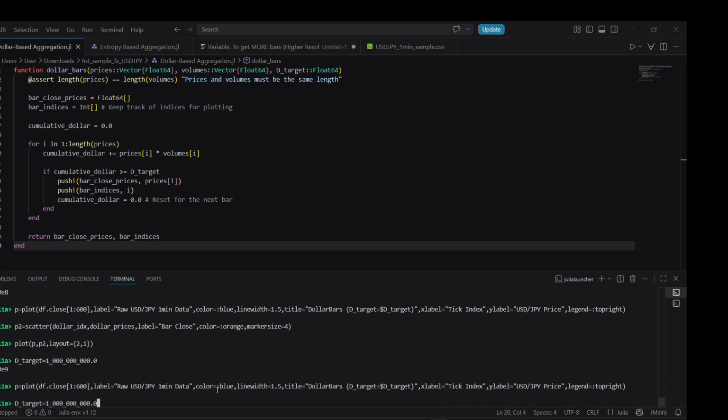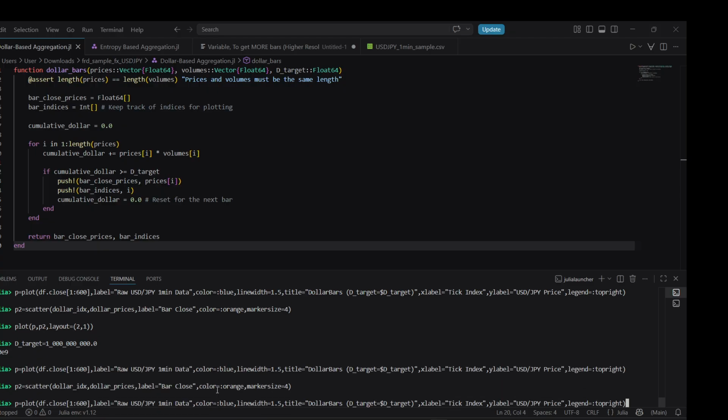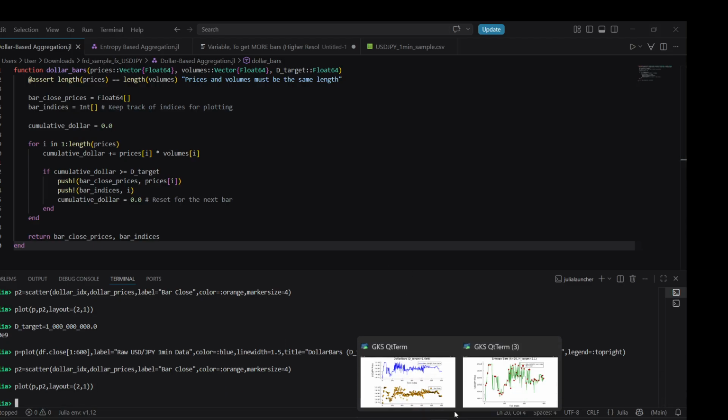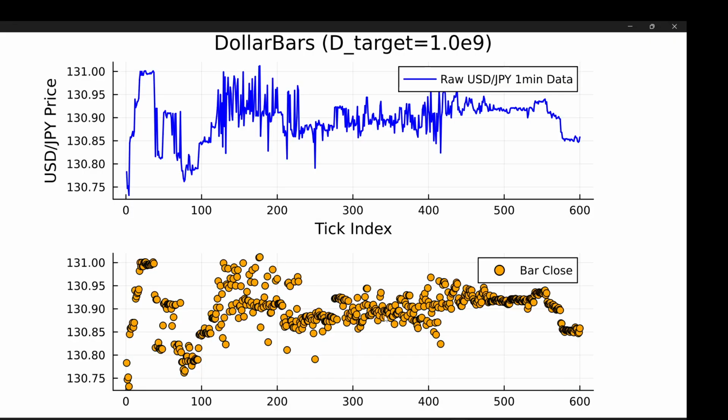Now I'm interested in seeing how the aggregation looks, because $1 billion is a lot of money, especially for 600 entries. Clearly there's still structure there, as you can see. From here, over here, over here, it follows the same trajectory as the above raw data, but there are these spaces in between that represent essentially where the target value could not be reached, right?